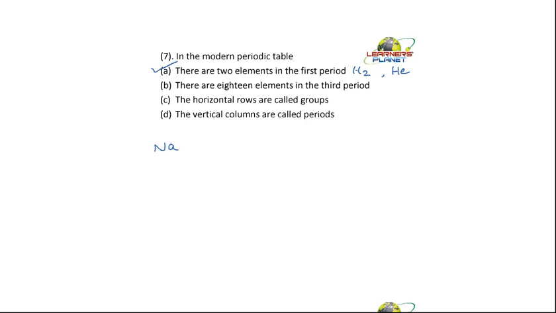The elements are sodium, then magnesium, then aluminium, then silicon, then phosphorus, then sulfur, then chlorine and argon.